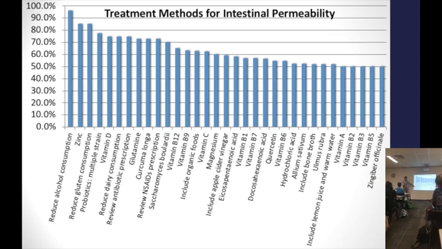Reducing gluten-containing foods was also mentioned, however it wasn't quite as high as I would have liked, but it is still there. Multi-strain probiotics, followed by vitamin D, reducing dairy consumption, reviewing antibiotics, then prescribing glutamine, turmeric, and so forth.